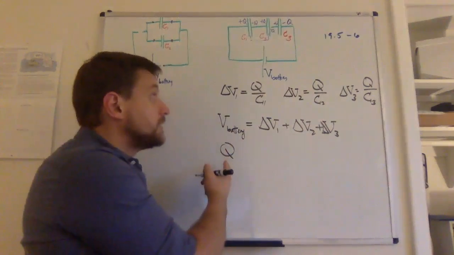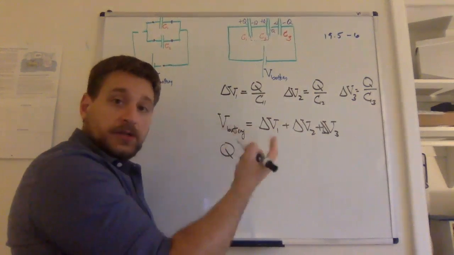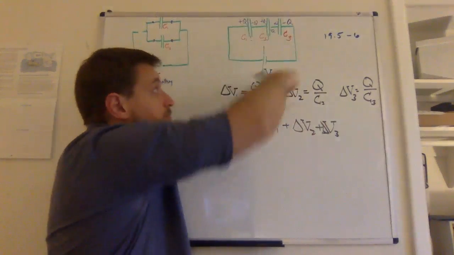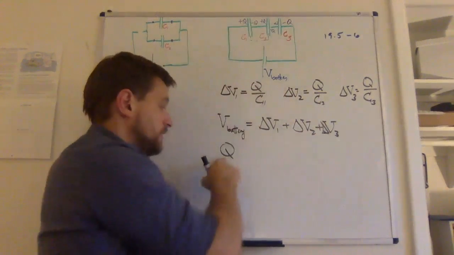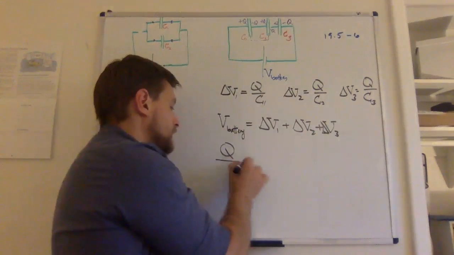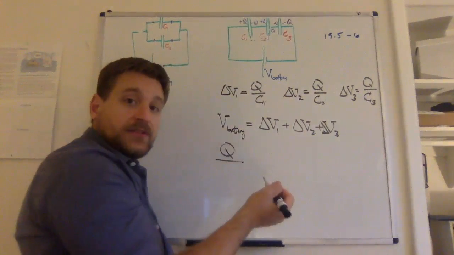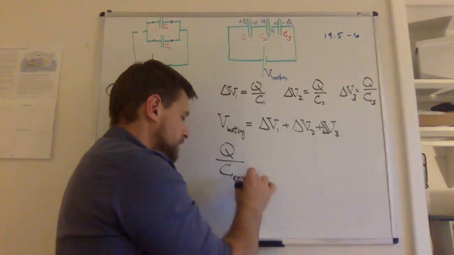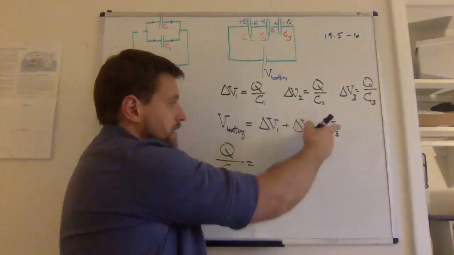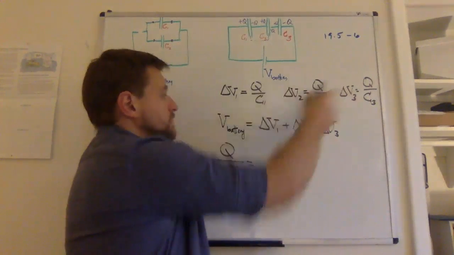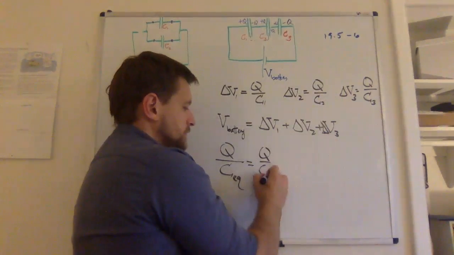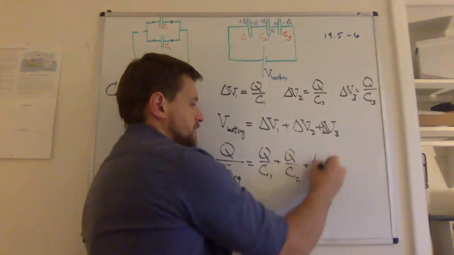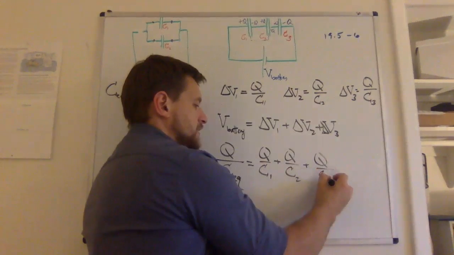We have moved from one side to the other, Q. How much charge did we move through the battery to take from here and put there? Q. What capacitance are we talking about? What's the equivalent capacitance? The voltages have these expressions: Q over C1 plus Q over C2 plus Q over C3.